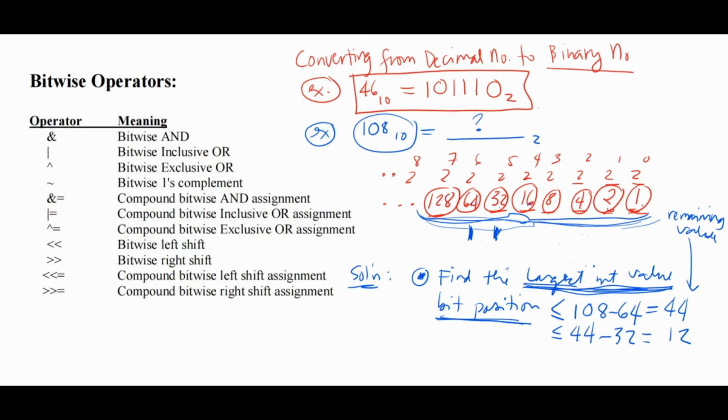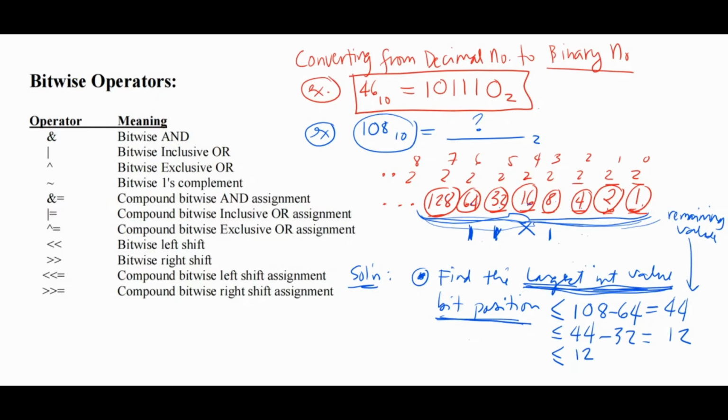And next step is to find again the largest integer value bit position in here that's less than or equal to 12, the remaining value. So obviously it's not 16, and it is 8, right? Because 8 is the largest integer value from among these values which is less than or equal to 12.